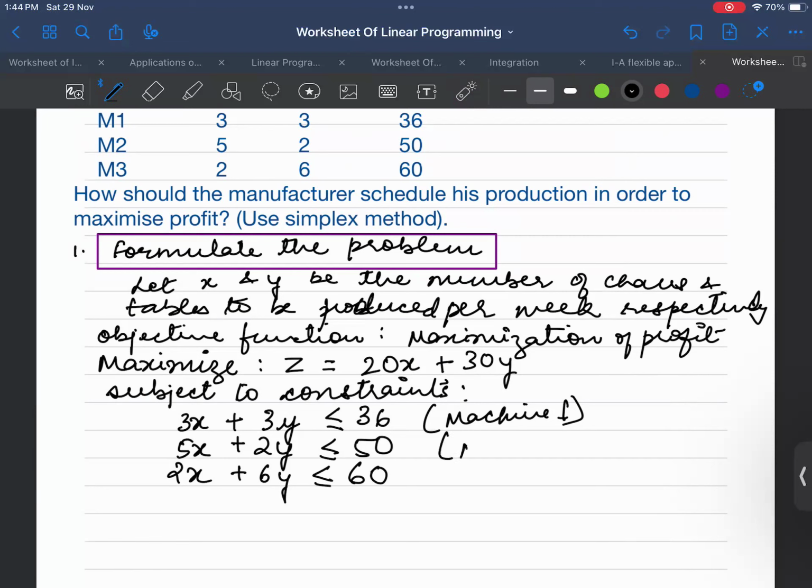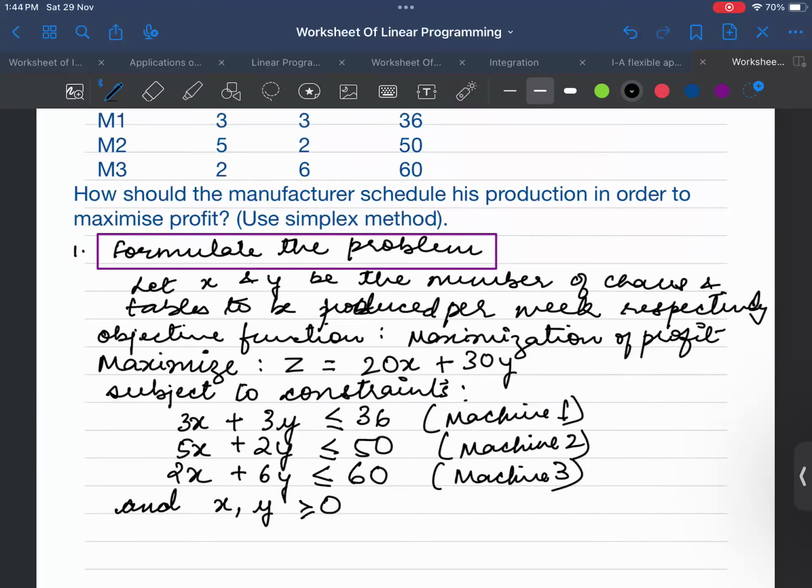This was for machine 2, and this was for machine 3. These are the three constraints. An important point, which I told you, don't miss it: all the variables x and y need to be greater than or equal to 0, the non-negativity constraints or restrictions.